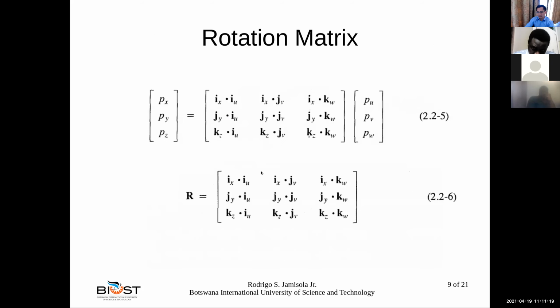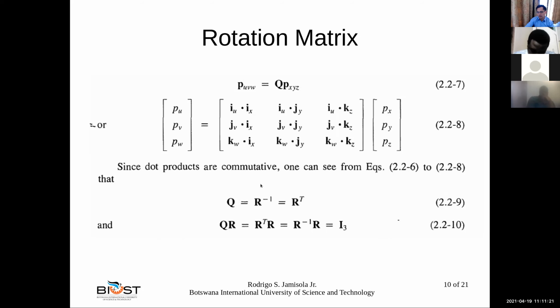So the question is, what is the relationship between R and Q? We say that R is the inverse of Q. Okay, and because of the commutative property of the dot product, you can verify by manual computation that the inverse of the rotation matrix is equal to its transpose. And so therefore, we can say that Q times R, where one is the inverse of the other, will become identity.